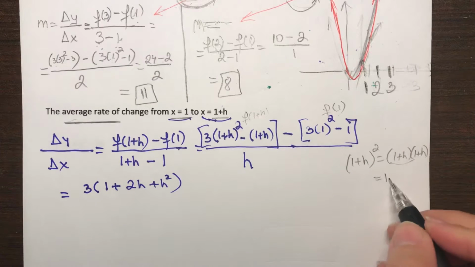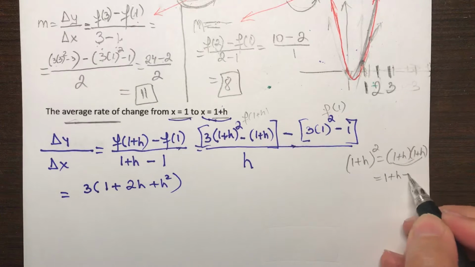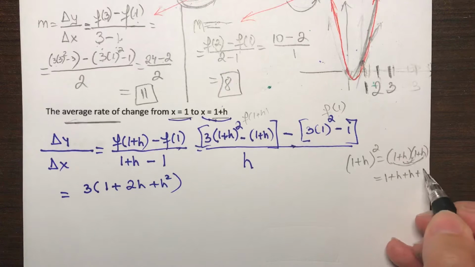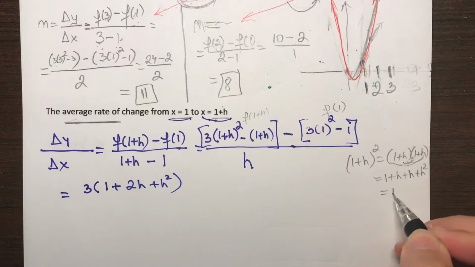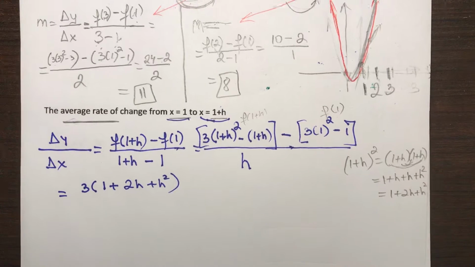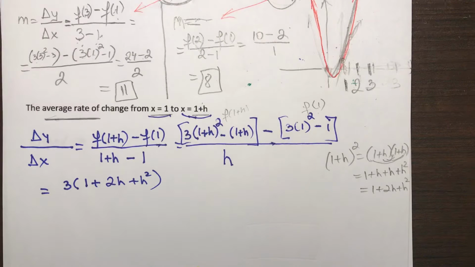So you're going to get a 1 plus an h plus a second h, and h times h is h squared. So as you see, it's a 1 plus 2h plus h squared. So that's, again, squaring binomials. There's a formula for that.